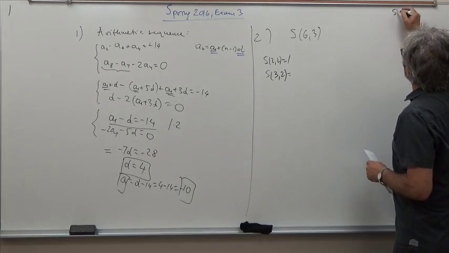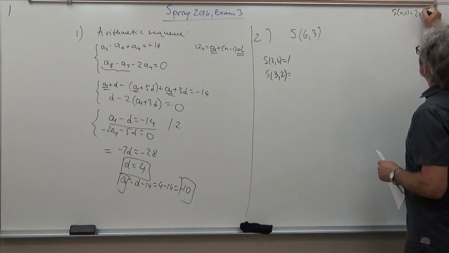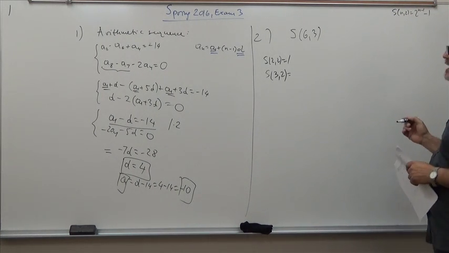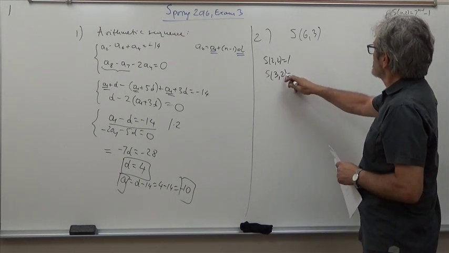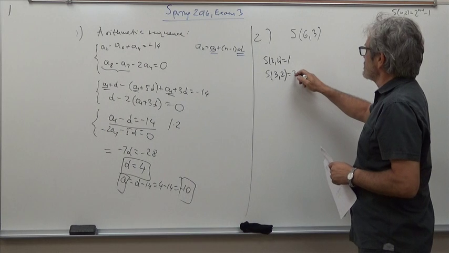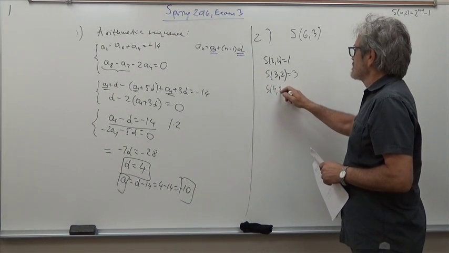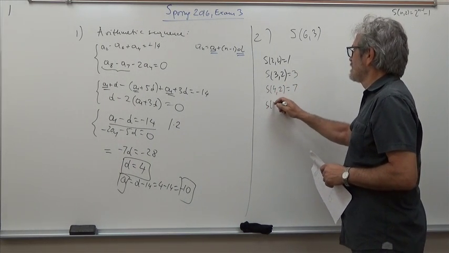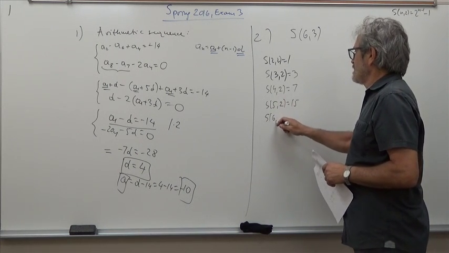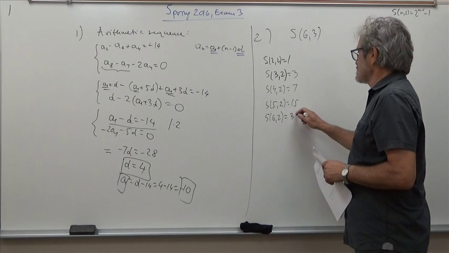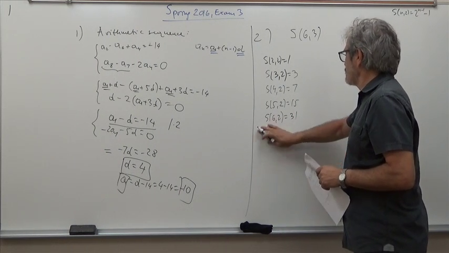The formula was S of n,2 is 2 to the n minus 1, and we described why that is true. So this would be 2 squared minus 1, so that would be 3. S(4,2) is 7. S(5,2) is 15. S(6,2) is 31.